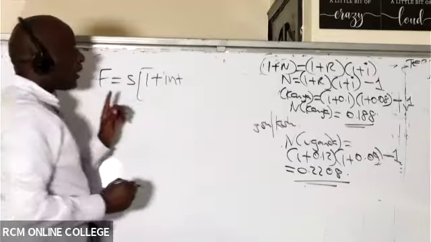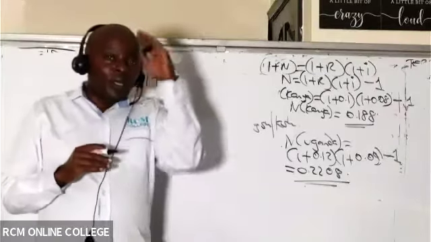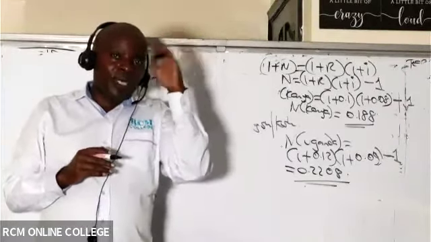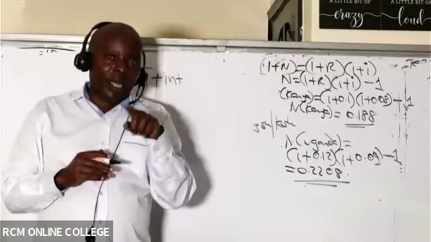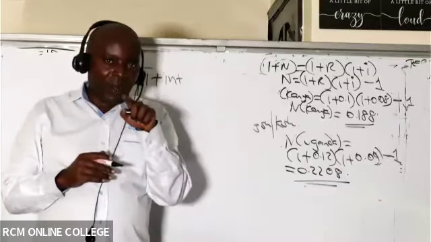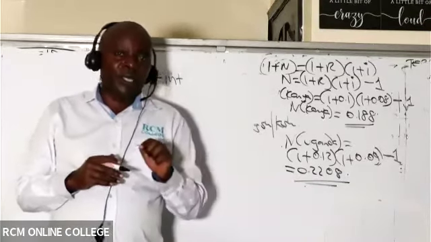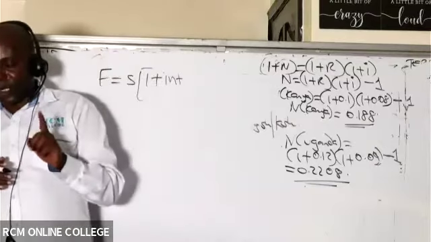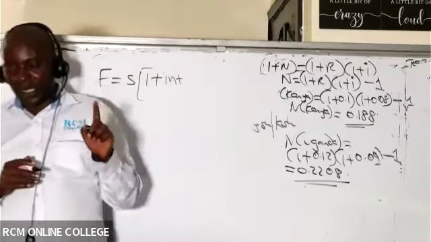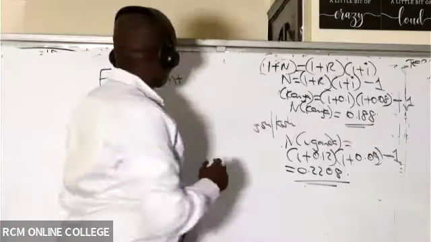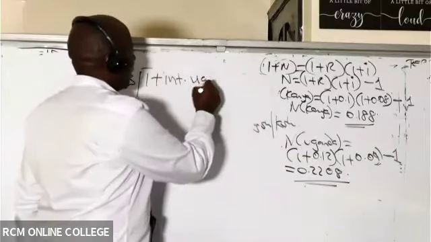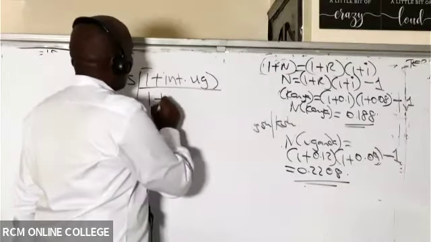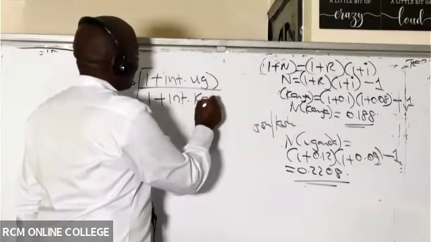In this particular case, which country will go on top? Is it Uganda or Kenya? According to the spot rate expression, remember, it is 30 Uganda shillings. So interest rate Uganda over 1 plus interest rate Kenya.